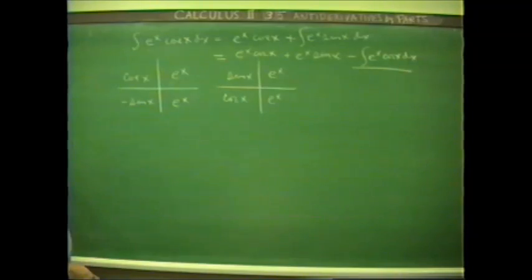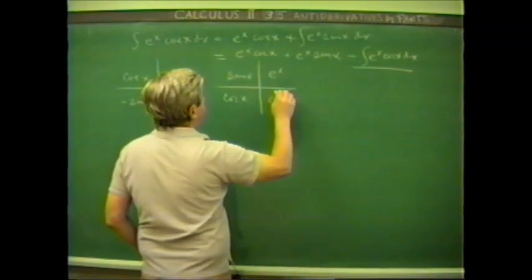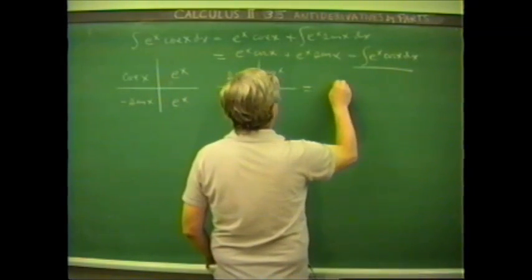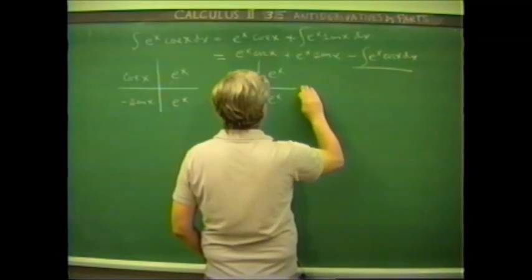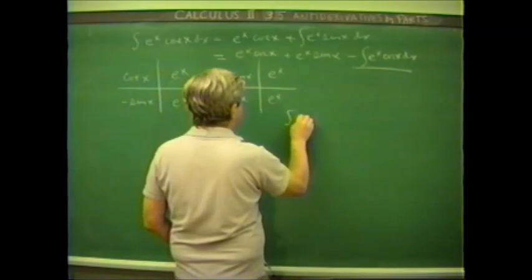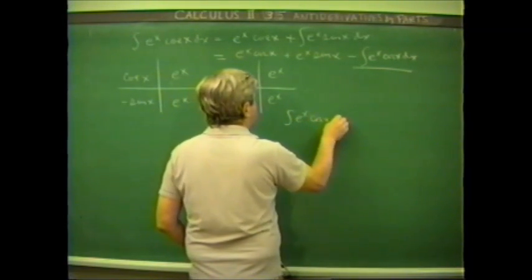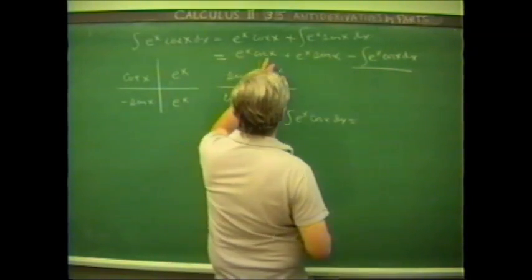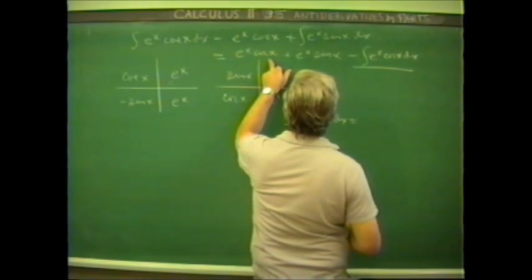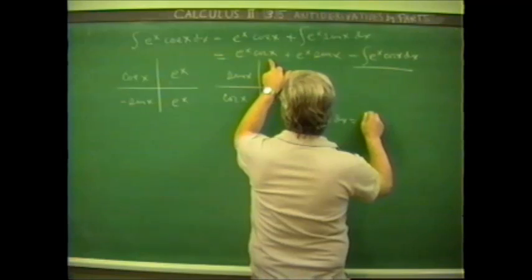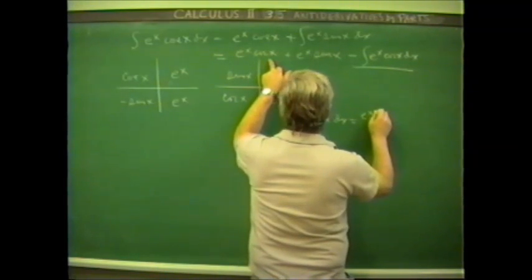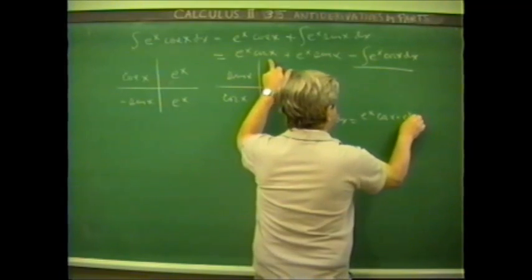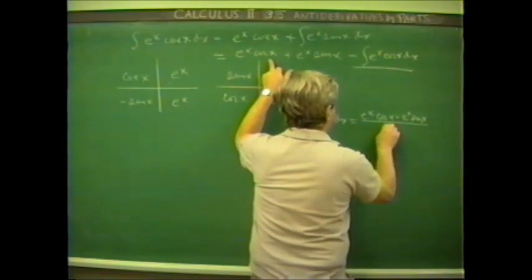In which case we find that the antiderivative of e to the x cosine x dx is going to be equal to e to the x cosine x plus e to the x sine x, over 2.